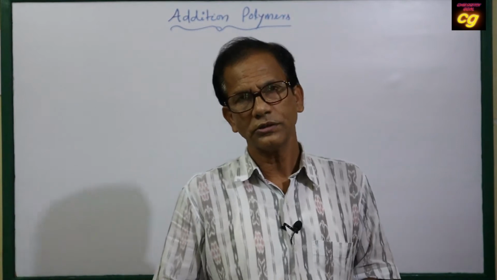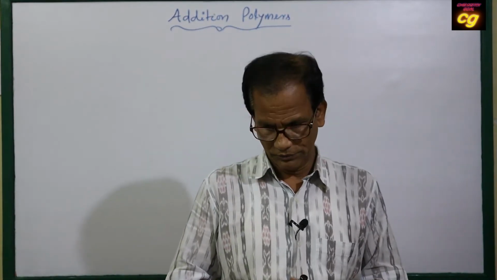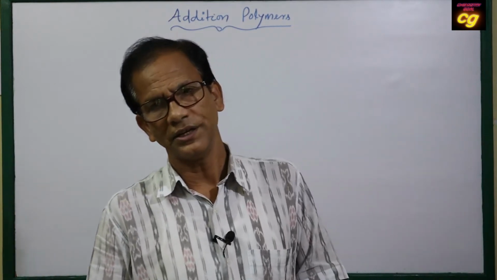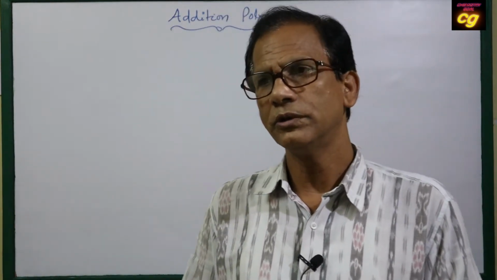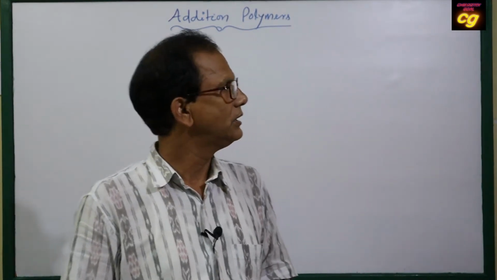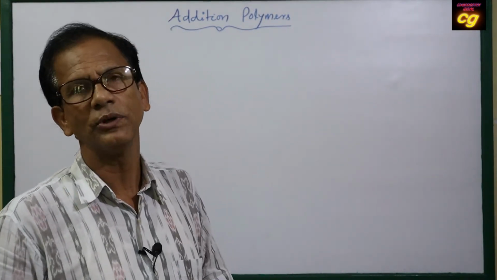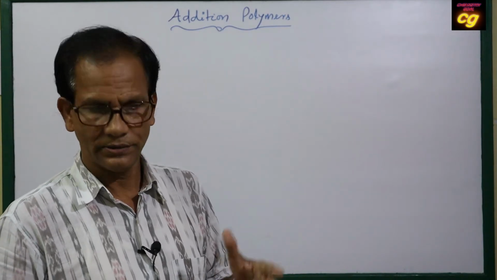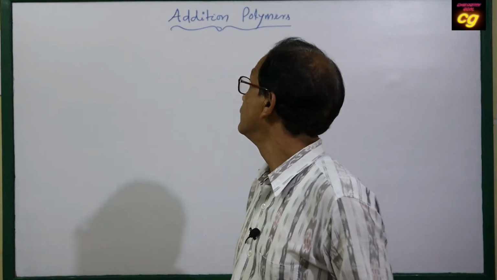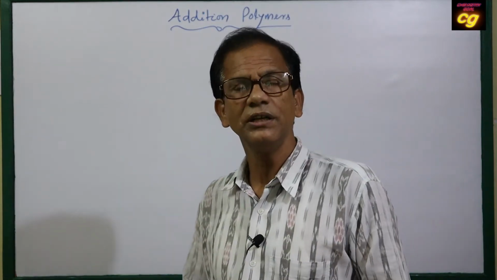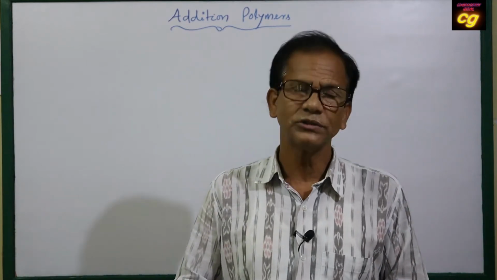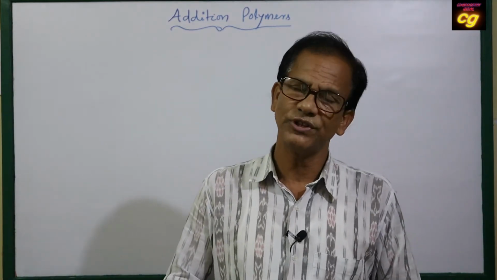Now we are going to discuss the remaining parts of the chapter polymer, that is addition polymer and condensation polymer. Today we will complete the different types of addition polymer and their monomers and the uses of polymers. Addition polymer is generally produced by the combination of monomers having unsaturation.